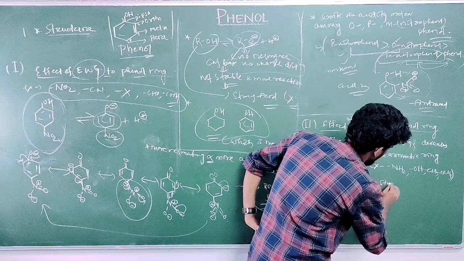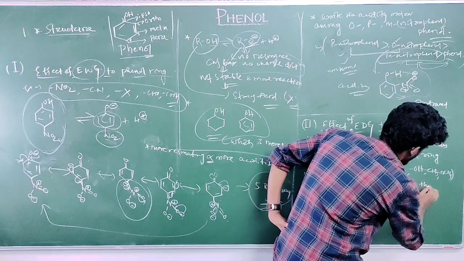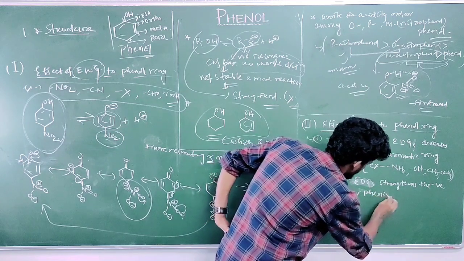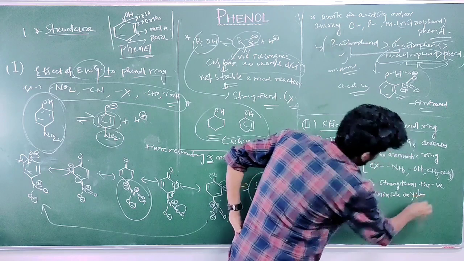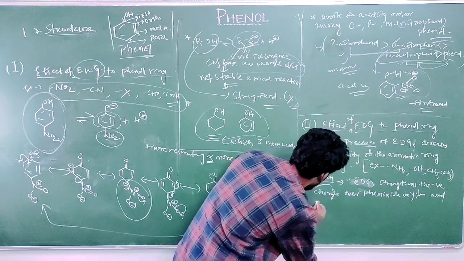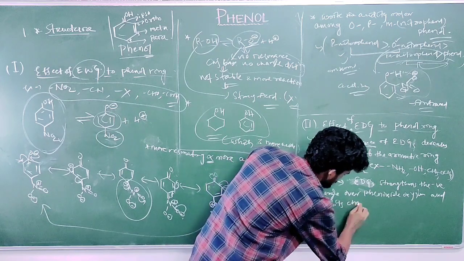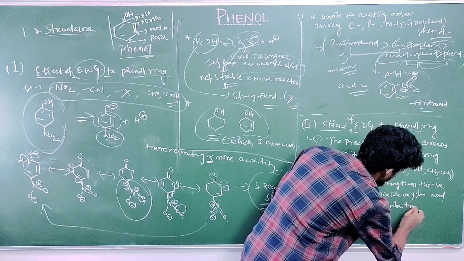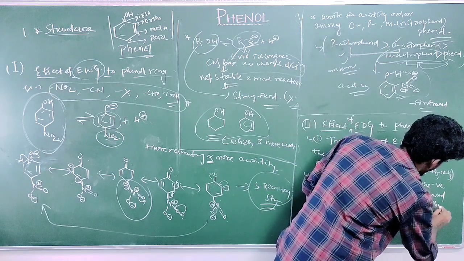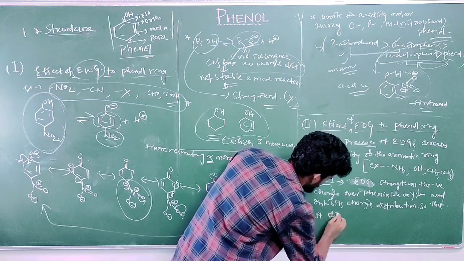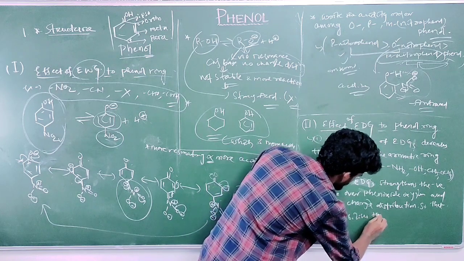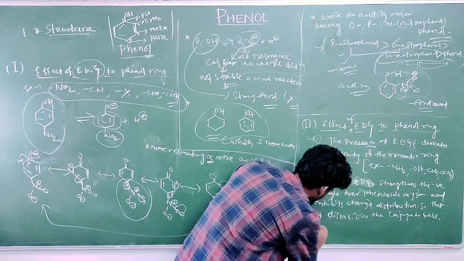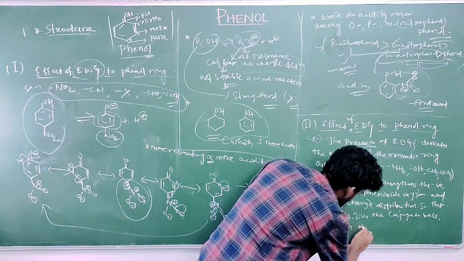Electron donating groups strengthen the negative charge over the phenoxide oxygen and inhibit charge distribution or resonance process, so that it destabilizes the conjugate base and results in a weaker acid.